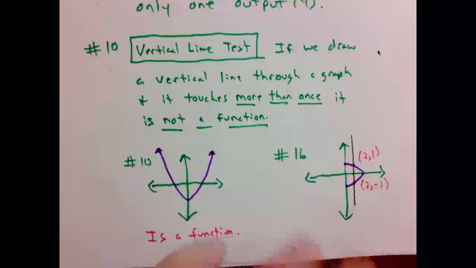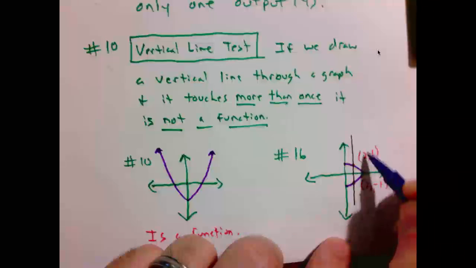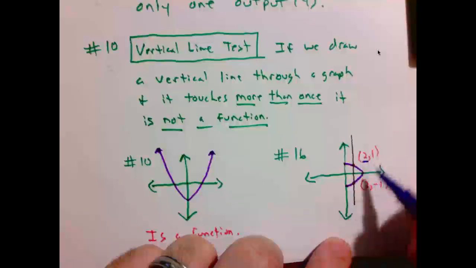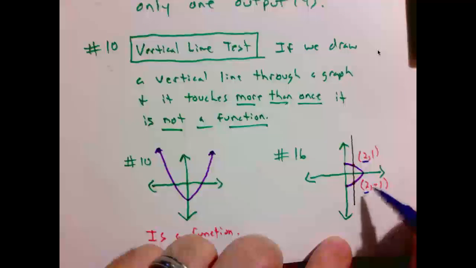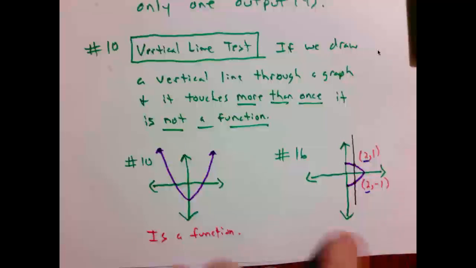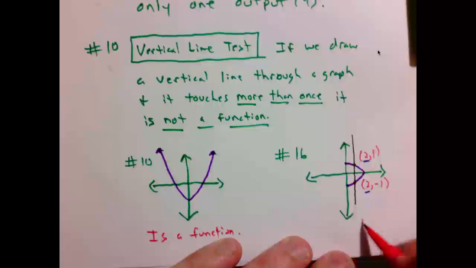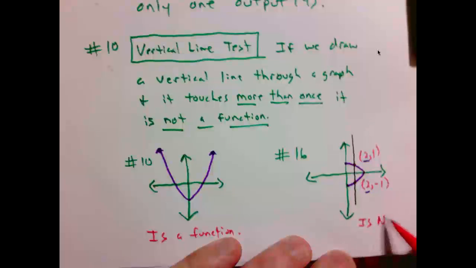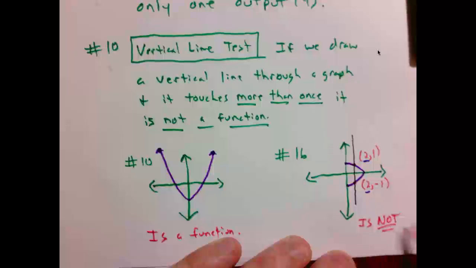And as you can see, this value 2 is repeated. 2 is pairing with 1 and 2 is pairing with -1. Thus, number 16 is not a function.